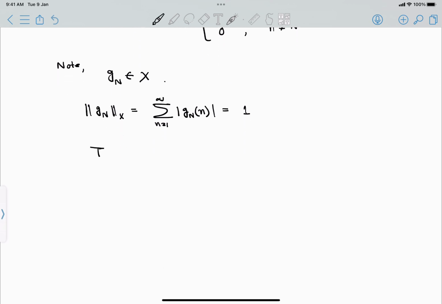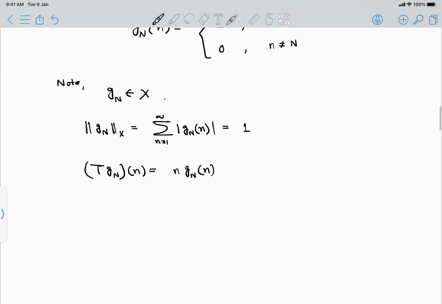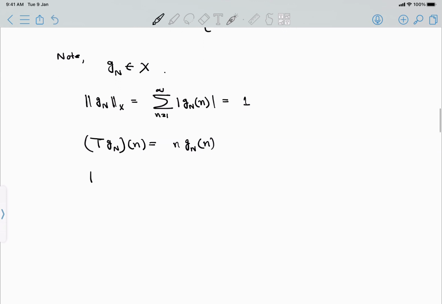What will be T of gN? So T of gN is N times gN, right? Now what will be the norm of T gN? Okay, so this is N, because if n is not equal to capital N, then this will be 0.